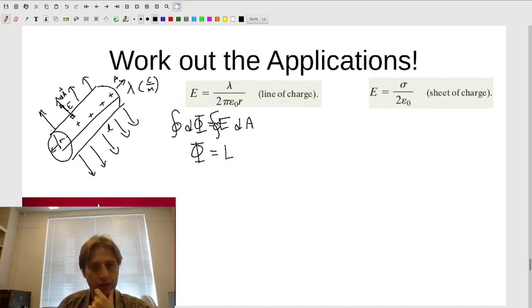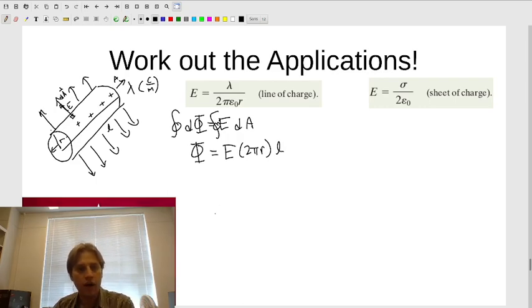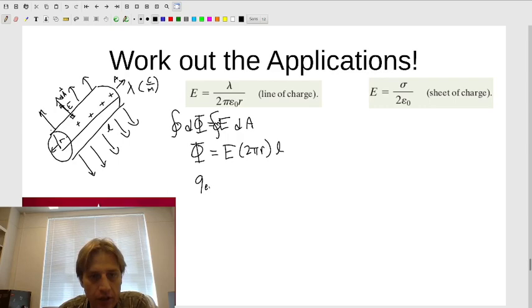Okay, so it's going to be E times 2 pi r times L. Now, we might also ask ourselves, how much charge is contained in that little cylinder? Well, the enclosed charge is going to be just the charge per unit length times the length. So it's going to be lambda, the charge per unit length, times L, the length.